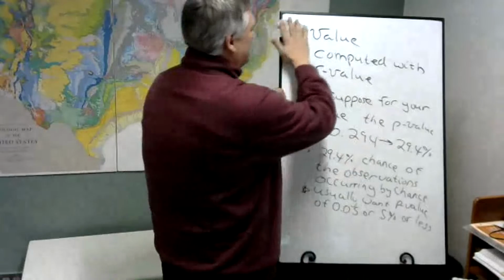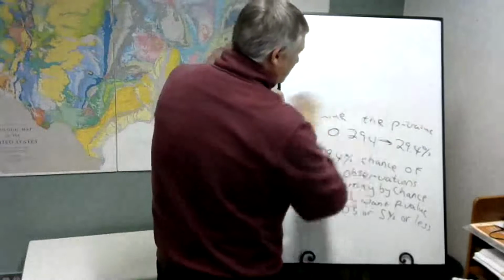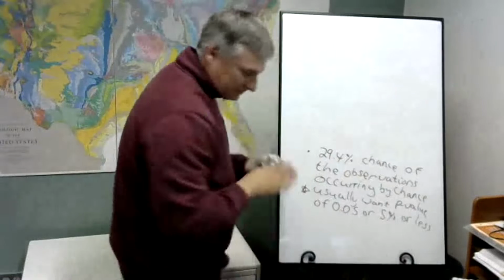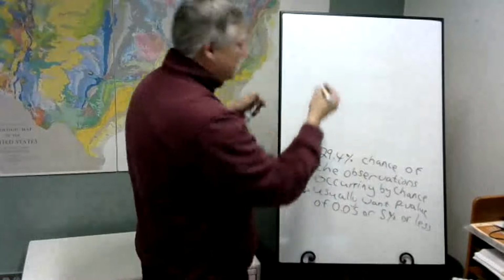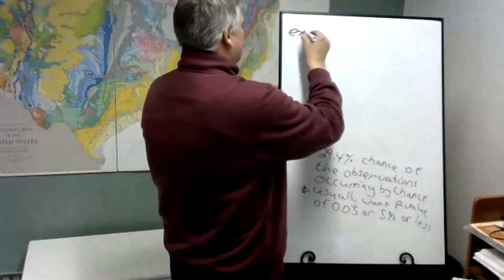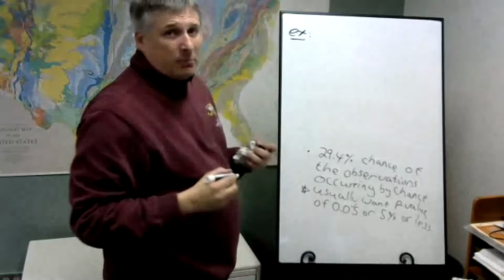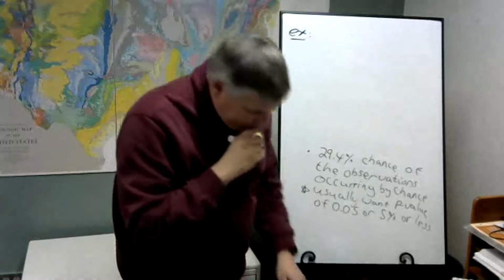So let's go back to our footprint example. Now, the issue here was the number of points. There was only 5.